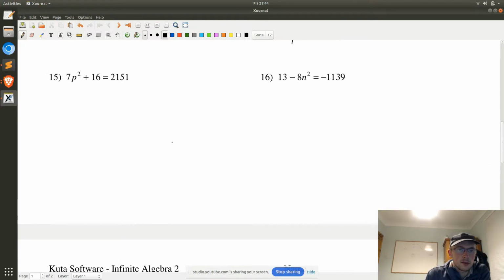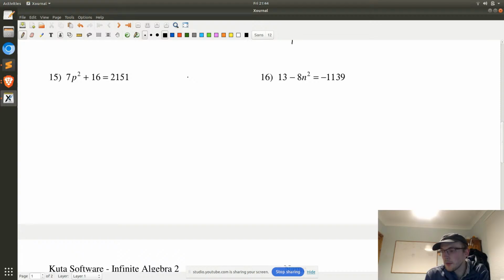Next. 7p squared at 16 equals 2151. Take 16 from both sides, please. Okay, so on the right, I have 2141 and then 2135. 2135 divided by 7. Well, I noticed 21 and 35, and those are divisible by 7.